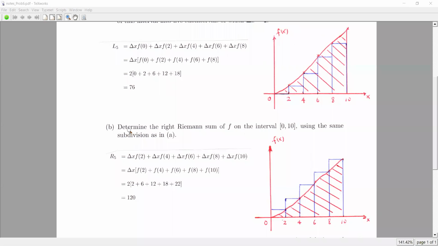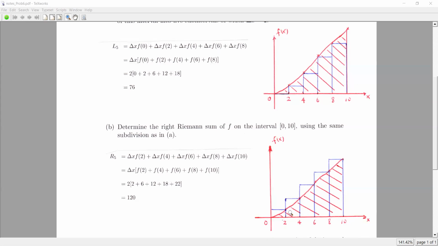Part B. Determine the right Riemann sum of function f on the interval from 0 to 10, using the same subdivision as in Part A. In Part B, on each subinterval, we are required to build a rectangle by using the function value at the right endpoint of the subinterval.